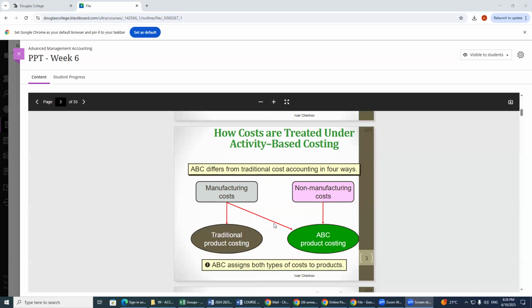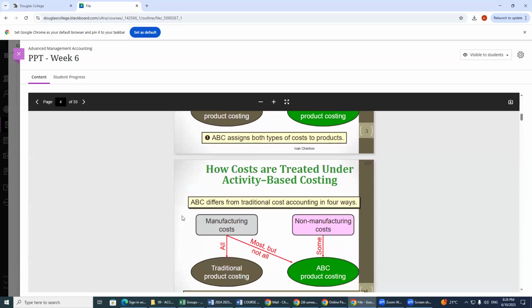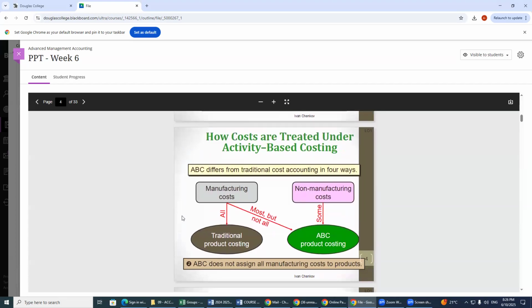The second thing is that activity-based costing doesn't allocate all of the manufacturing cost, whereas in the traditional system, we're going to allocate all of the manufacturing cost, whether or not it's used by the product. We're just allocating direct material, direct labor, manufacturing overhead. Is it related to the product? Is it overhead?